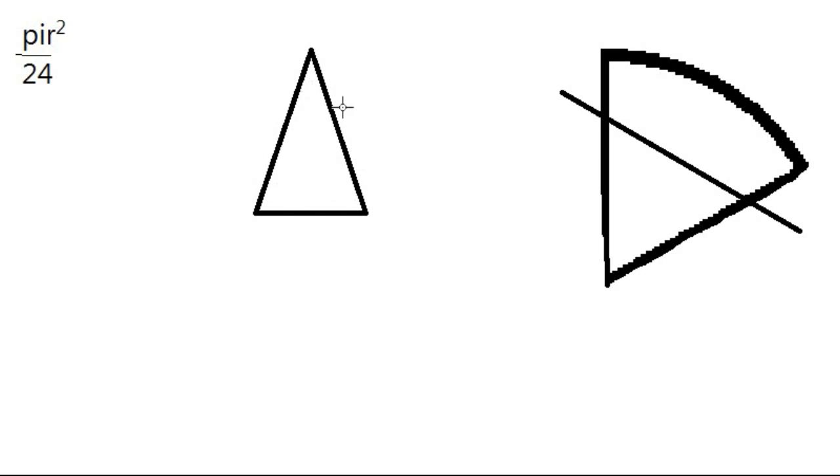So let us find the area of this in terms of A. The area of a triangle using sine rule is half AB sine C, which A and B are the same because it's isosceles. A and B are A, so it's A squared times a half.